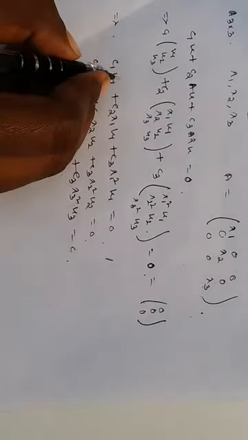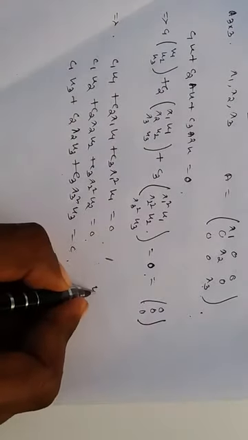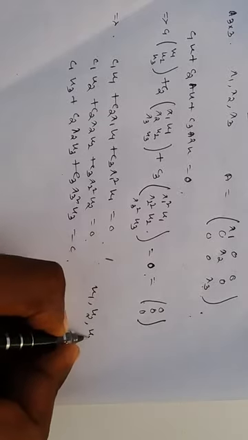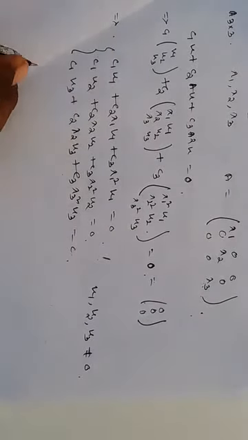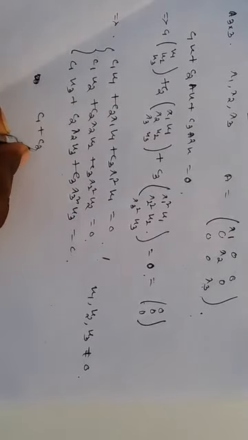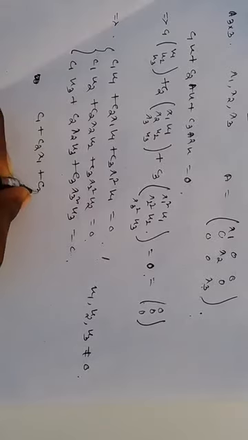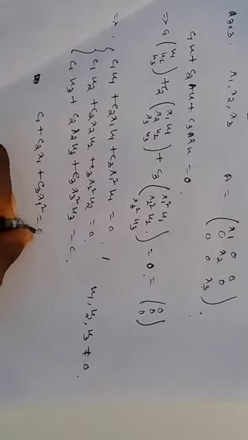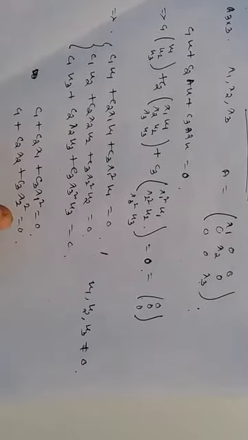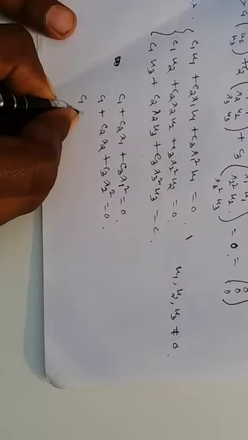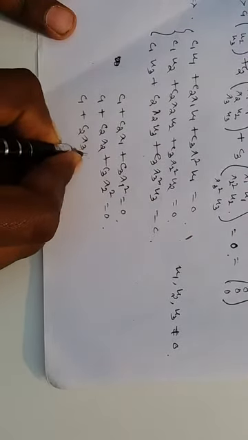And since U1, U2, U3 are not equal to 0, from here we can read C1 plus C2 lambda 1 plus C3 lambda 1 squared equal to 0, and similarly for lambda 2 and lambda 3.